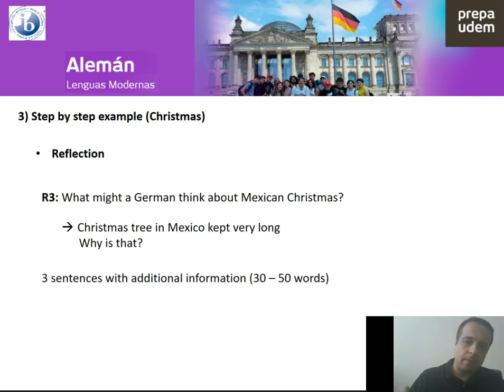Why do Mexicans have the Christmas tree until January? That's weird for a German because at the latest on January 6th in Germany they put the Christmas tree out of their house. Yeah, here's the additional information. For instance, then you develop it. It surprised the German that a Mexican person has a Christmas tree until the end of January in their house because in Germany they put it out on January 6th, and so a German would be very surprised.